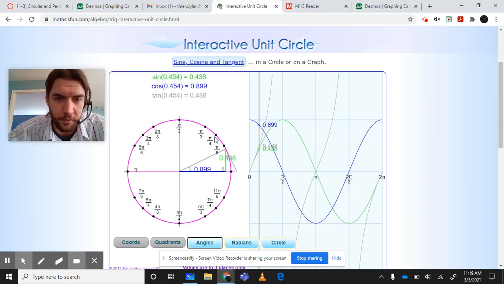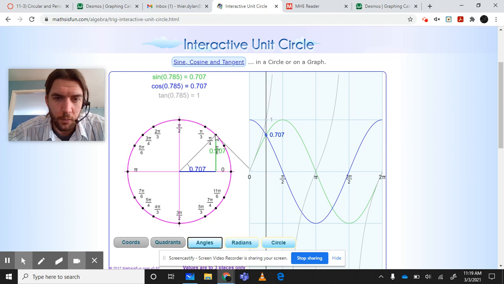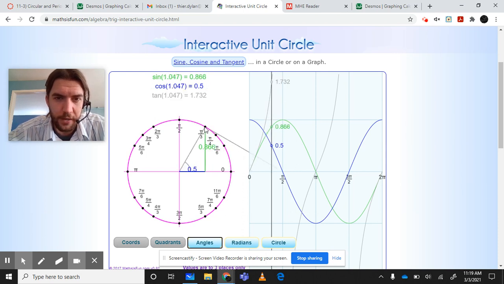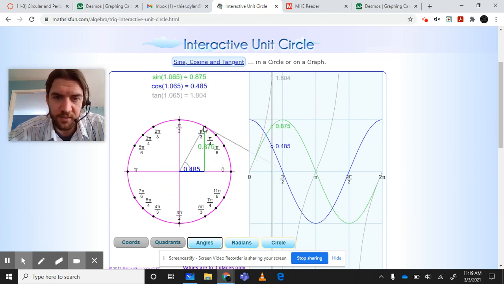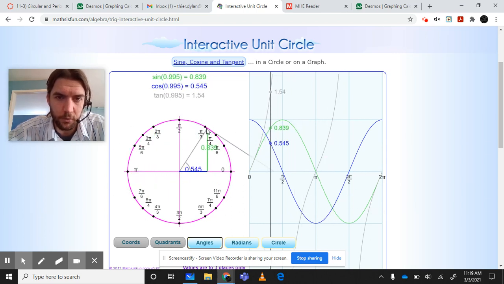So if we did, let's do pi over 3. The sine of pi over 3 is 0.866. It's that y coordinate, the length of the green line below it. And the sine of 2 pi plus pi over 3 is going to be the same thing, because if I add 2 pi to this position, I go all the way around the circle.